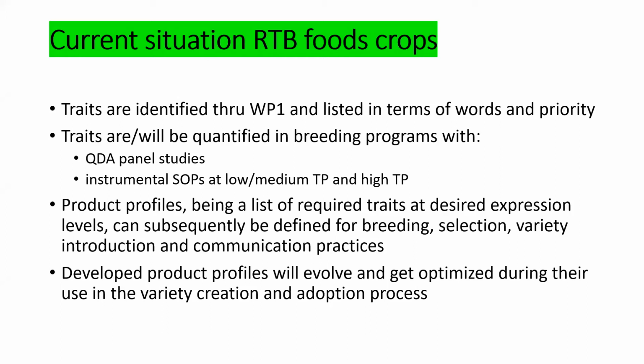And those are the instruments that you will use to translate traits in terms of wording and priorities into a scale where you would like to end up in certain varieties and in certain combinations. So the product profiles are being listed as required traits and need to be expressed at these highest levels. And then they can subsequently be defined in breeding selection, variety introduction, and communication practices. And that is a real challenge.